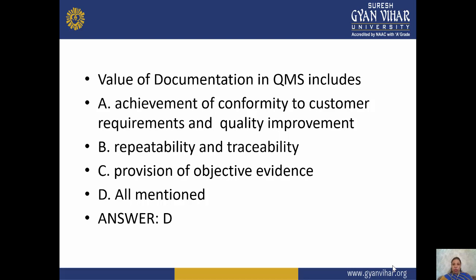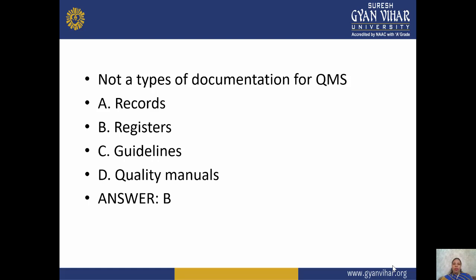That is, value of documentation in QMS includes achievement of conformity to customer requirements and quality improvement, repeatability, traceability, and provisions of objective evidence. Now, which is not a type of documentation for QMS, as we have already discussed: records, registers, guidelines, and quality manuals.